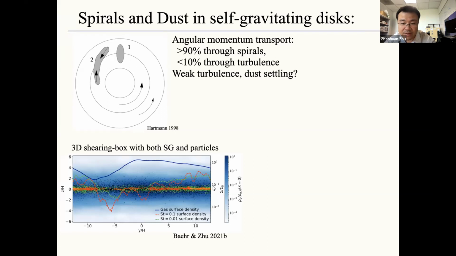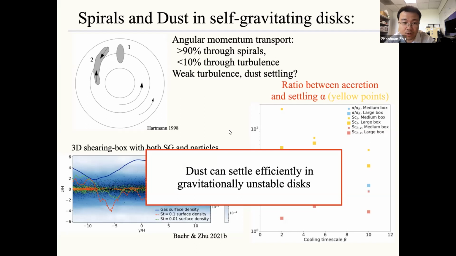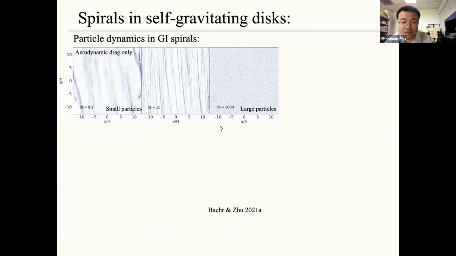By comparing the alpha responsible for accretion and the alpha responsible for dust settling, we find that the alpha for accretion is 1 or even 2 orders of magnitude higher than the alpha for dust settling. So dust is highly settled in these self-gravitating disks. And this dust also concentrates in these spirals significantly.